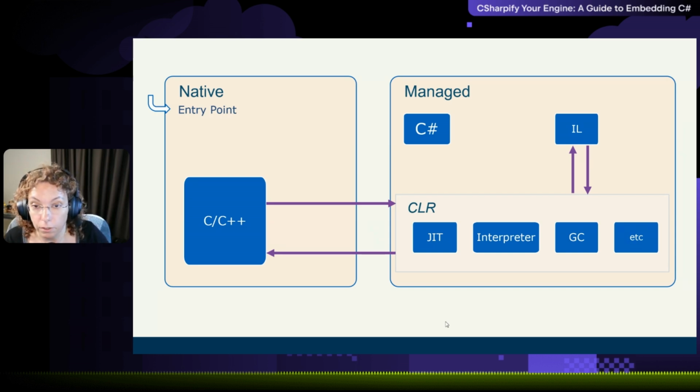And this is another thing that we want to make sure we are clear on. The C++ side is called native land, and the C# side, VM, CLR, everybody, is called managed land. Managed land is a term that's used very commonly to describe everything that happens on that side of this fence.